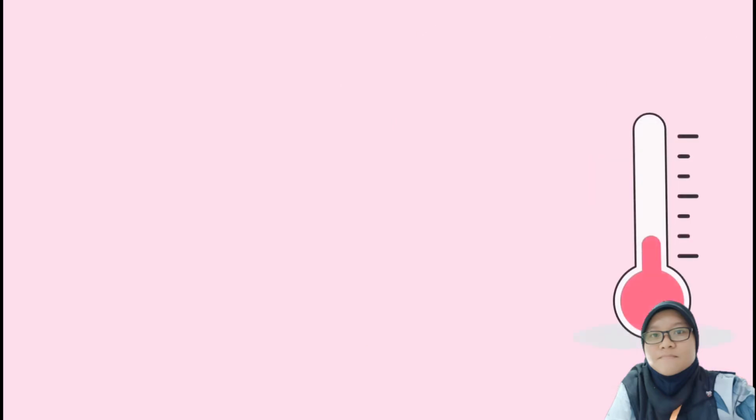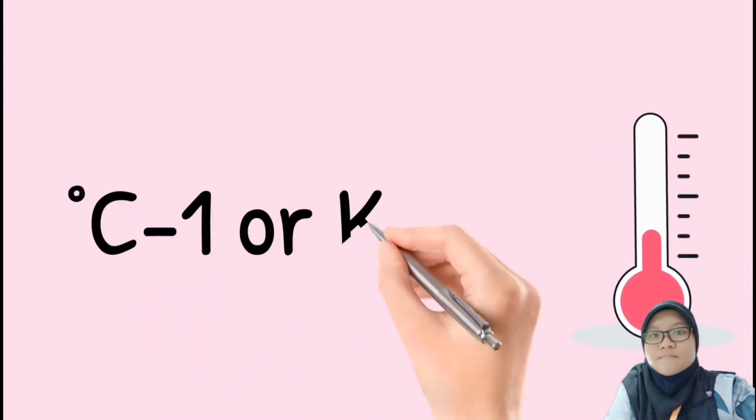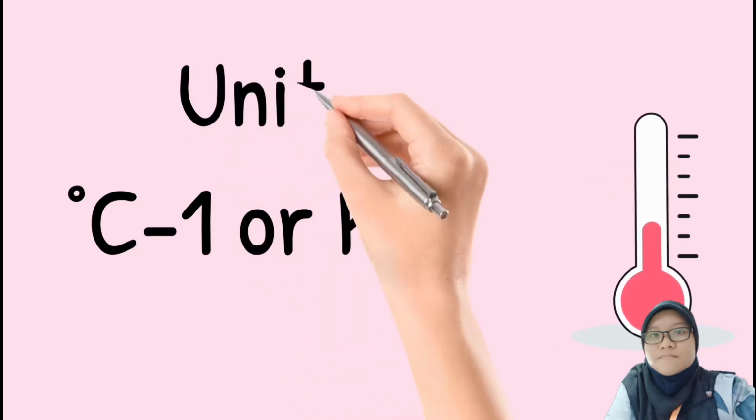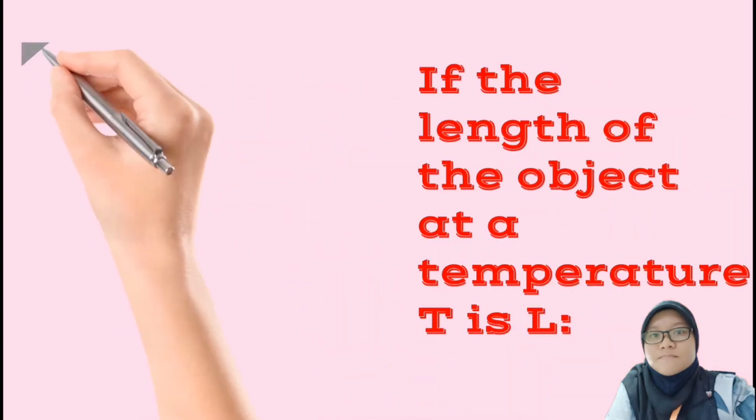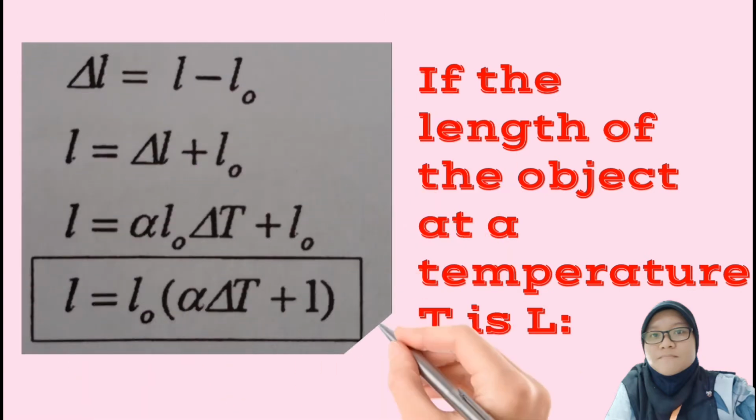The unit for alpha is degree Celsius^-1 or Kelvin^-1. If the length of the object at a temperature T is L, so we can see that delta L equals L final minus L initial. Substitute delta L as alpha times L initial times change in temperature.